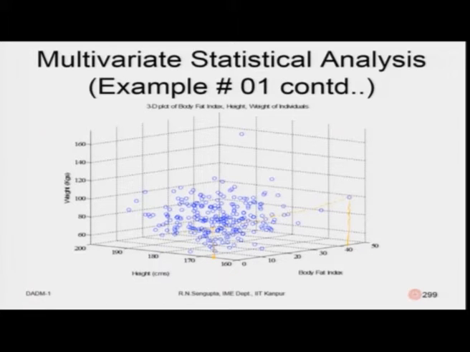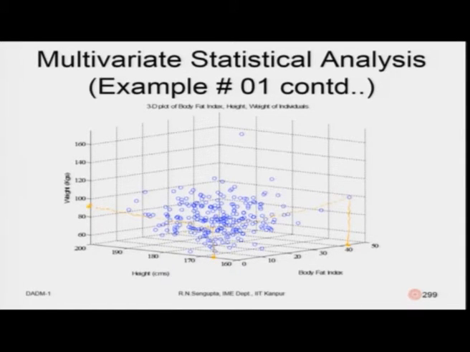So, this is 165, the value is 42, and I want to find out the weight of that individual. Again I go in the orthogonal direction and hit the weight axis. I am trying a crude method to make you understand.